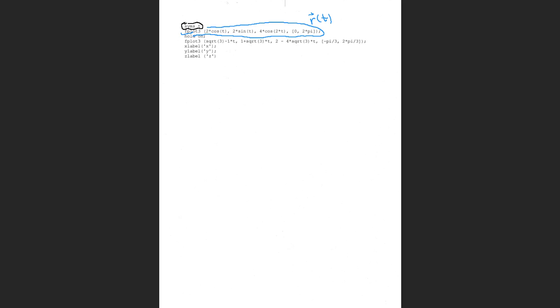Then I use what's called hold on. I'm telling MATLAB, hold on, I'm not done yet. I want to add another curve to my picture. Well, that curve is the tangent line. So the tangent line is given here.